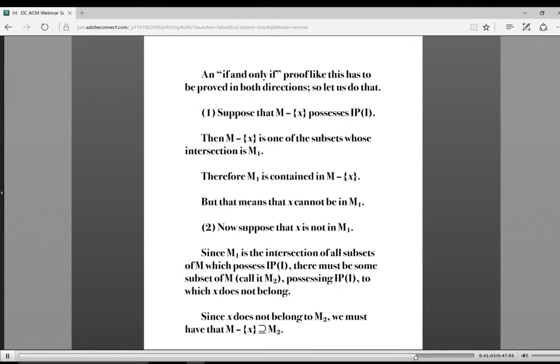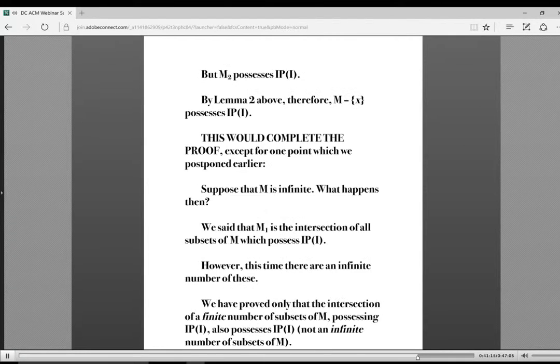Since X does not belong to M2, we must have that M minus the set consisting of just X contains M2. But M2 possesses the input property. By lemma 2 above, therefore, M minus the set of just X possesses the input property.